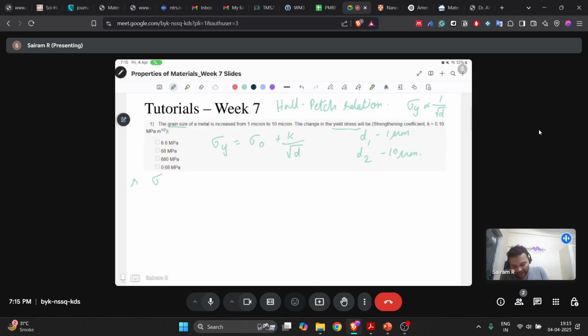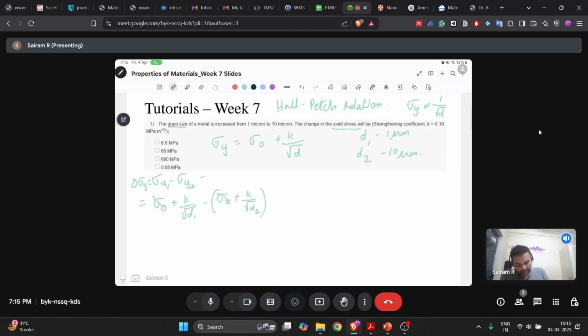So they've asked us to find the change, sigma y1 minus sigma y2. The sigma naught is constant, so it'll be sigma naught plus k by root d1 minus sigma naught plus k by root d2.